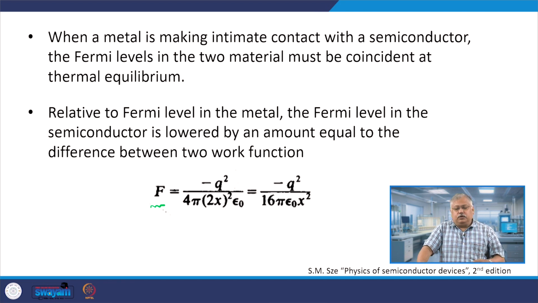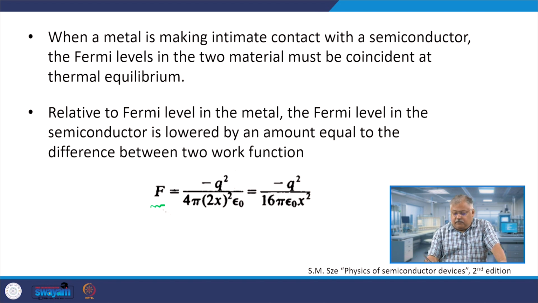Now, every time you have a negative charge on the semiconductor side, you are inducing a positive charge on the metal side, because of which the barrier height keeps reducing. More negative charges on the semiconductor side and more positive charges on the metal side will make the barrier go lower and lower towards the metal side.